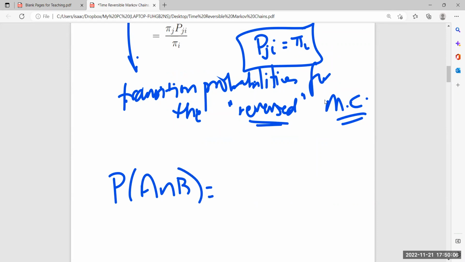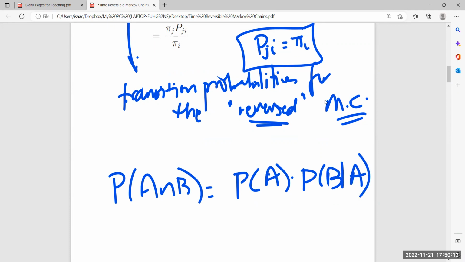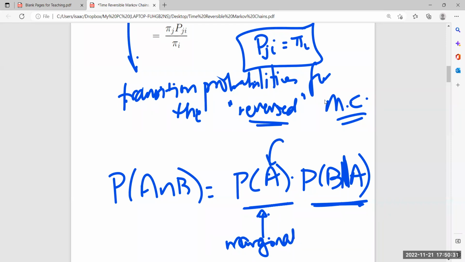Well, you could break it up into a conditional probability and a marginal probability. This is called a marginal probability because it only has A alone, and this one across here has a given that, so it is a conditional probability. This is why we call it marginal and conditional.